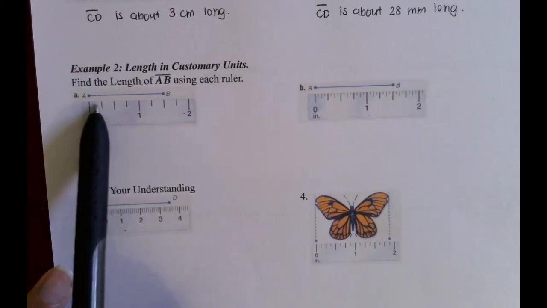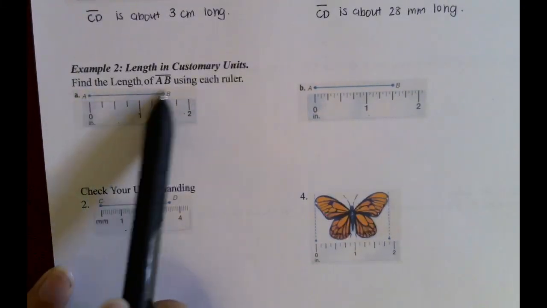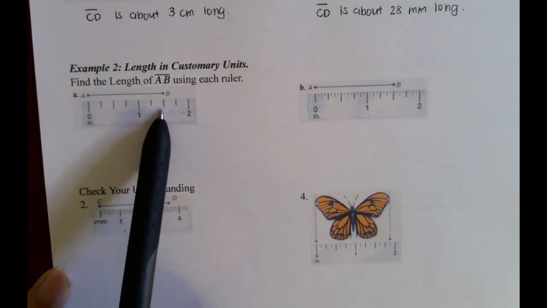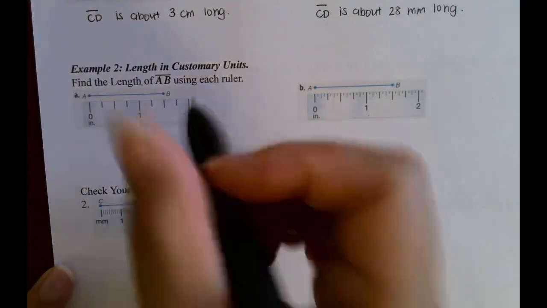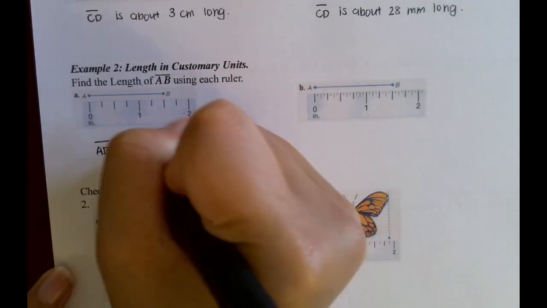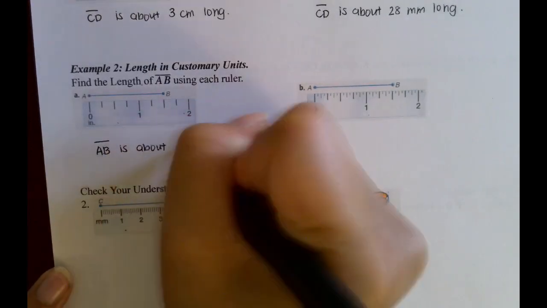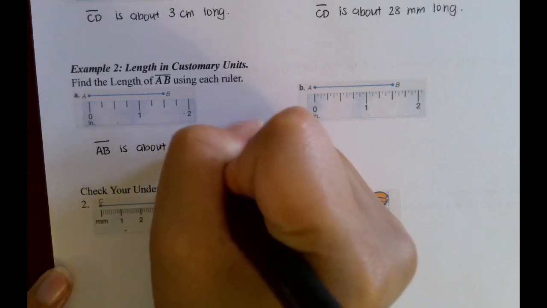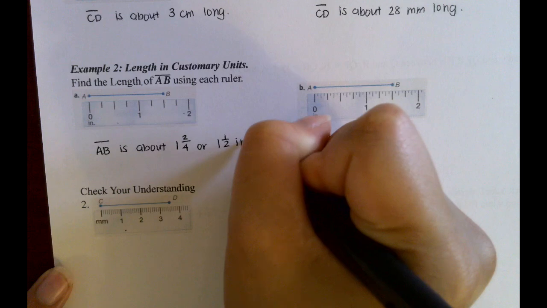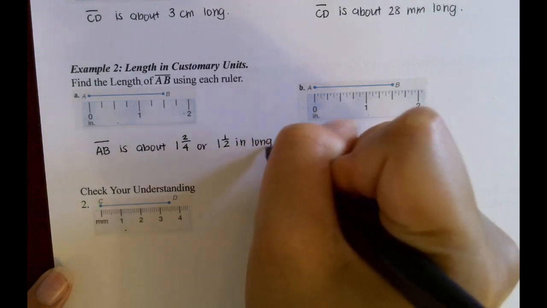So what we can see is that line segment AB is about 1 2/4 or 1.5 inches long.